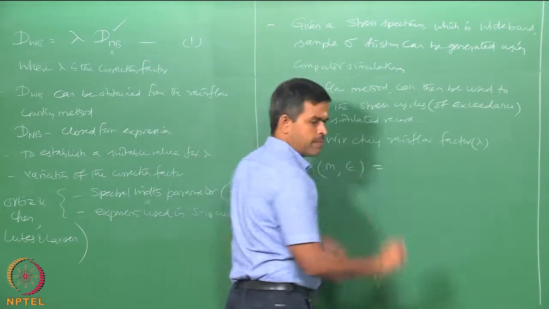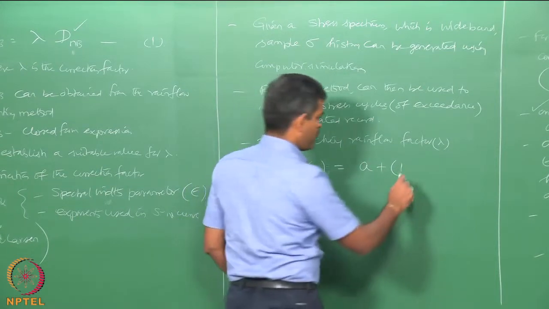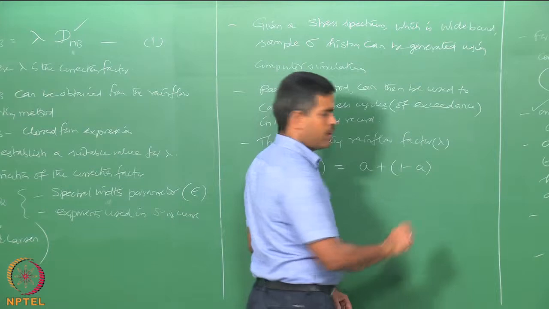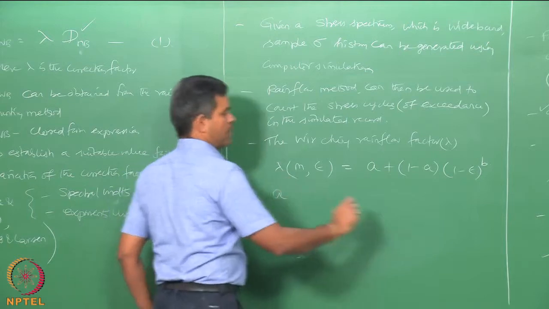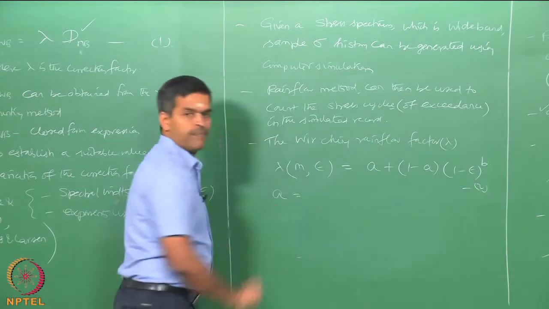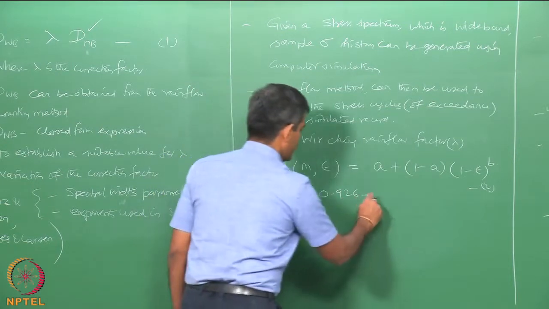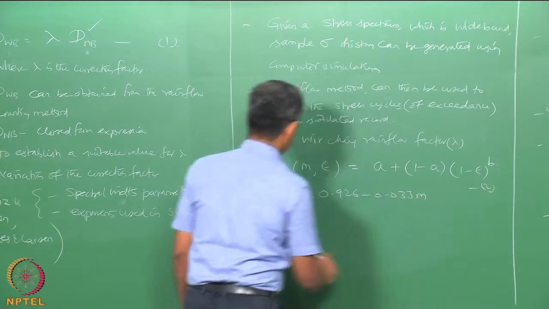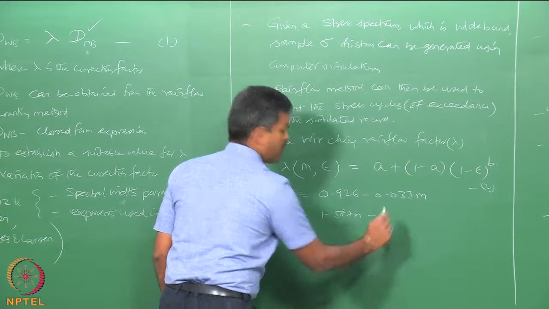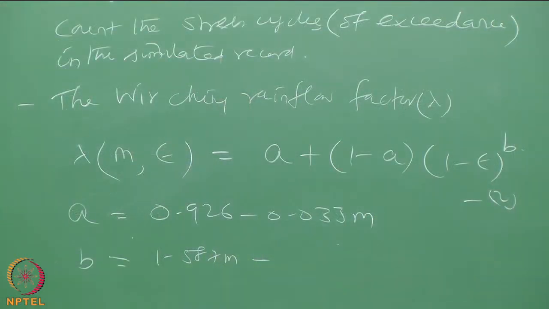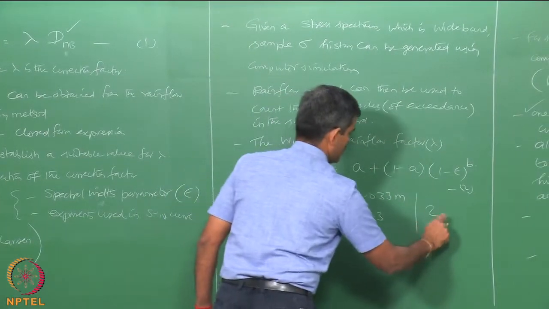It is given by A plus (1 minus A) times (1 minus epsilon) to the power B, equation number 2, where A is given by 0.926 minus 0.033 m, and B is given as 1.587 m minus 2.3. Equation 2.